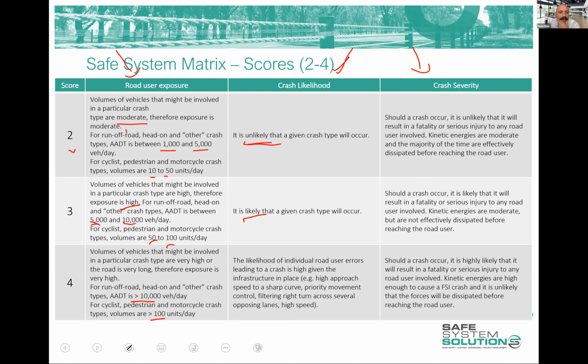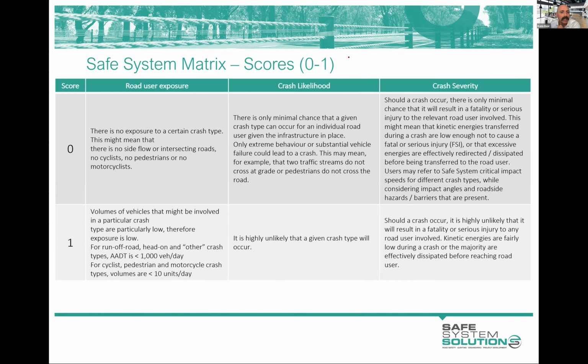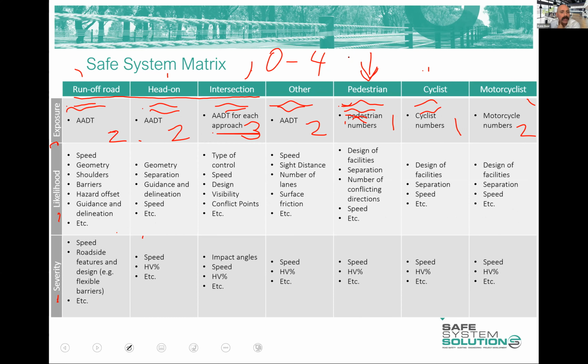But the other thing is that just because a road hasn't had any crashes yet doesn't mean that it's a low risk road. It just hasn't presented itself in crashes yet. And especially on lower volume roads, it certainly doesn't mean it aligns well with safe system principles just because there's been no crashes.